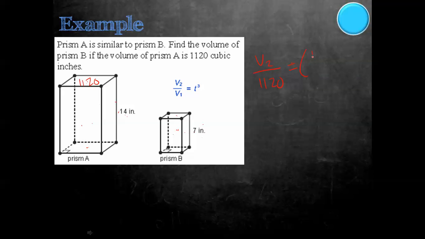So our scale factor now is going to be 1/2, and we're going to cube it. Here we have the volume of the new shape over 1,120, and then we're going to cube 1/2. 1 times 1 times 1 is still 1. 2 times 2 is 4, times 2 is 8. So we have 1 over 8.